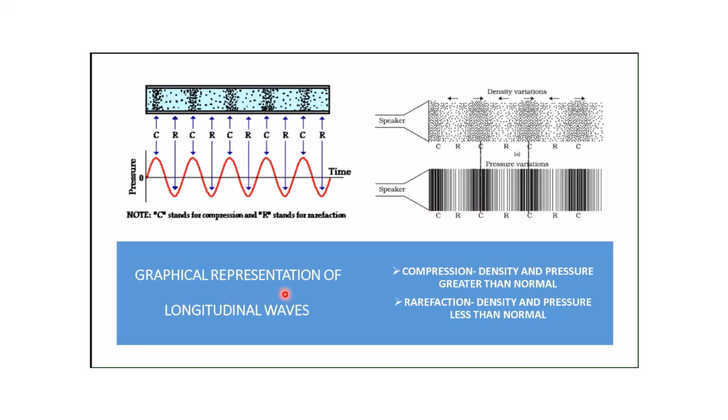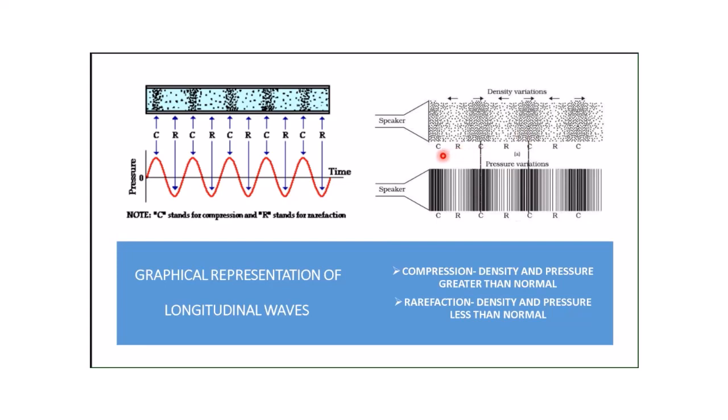Now in a longitudinal wave, the particles of the medium vibrate parallel to the direction of the wave. Hence, a longitudinal wave cannot be represented by a displacement-distance graph, because finally the particles come back to their original position.